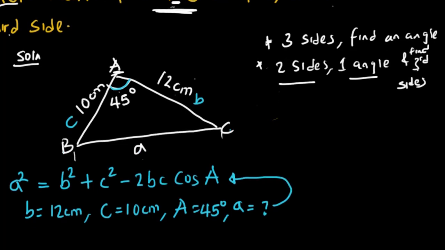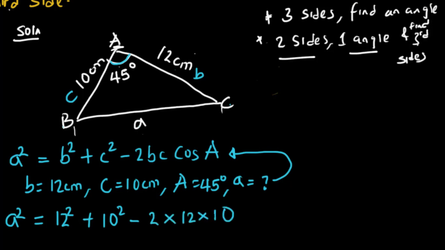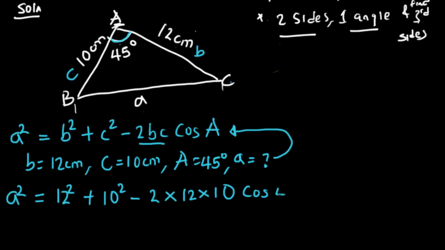Can we do this? It then means we have a square, which we are trying to find, equals 12 square plus 10 square minus 2 times 12 times 10. That is basically what 2bc means. Cos 45. Does this make sense?